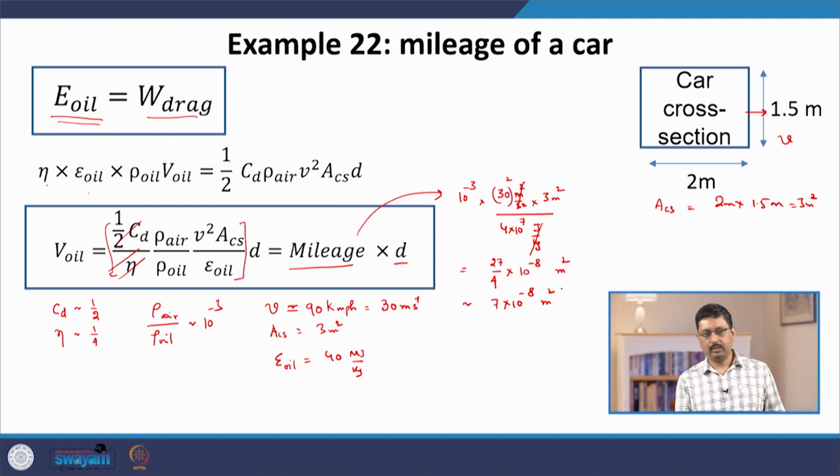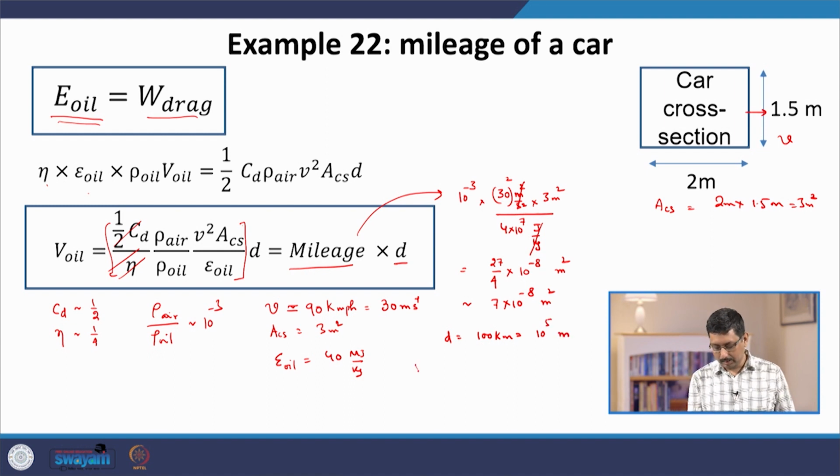Now, it is given that the car has moved for a distance of 100 kilometer. So, D is 100 kilometer, which is about 10 to the power 5 meter.